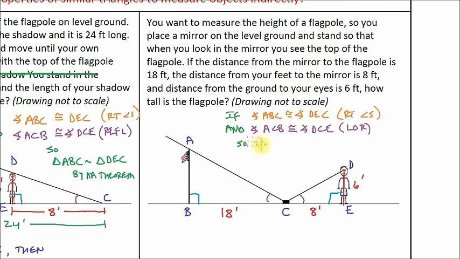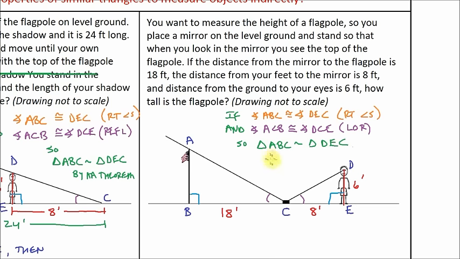So triangle, let's label our letters. ABC must be similar to triangle, let's match them up. A goes to D, B goes to E, and C goes to C because that's the same vertex, DEC.